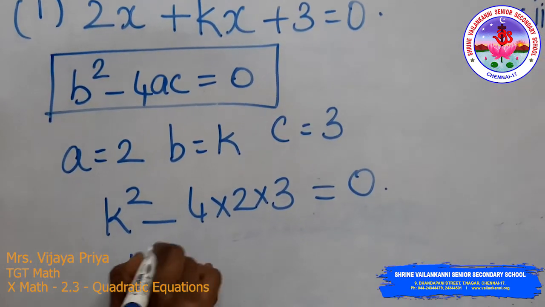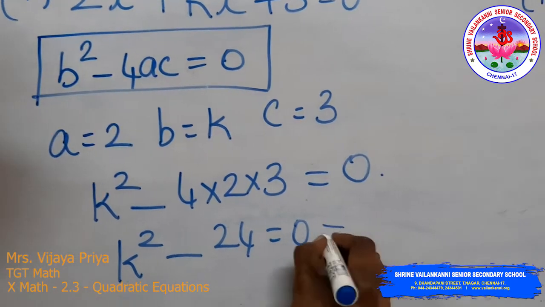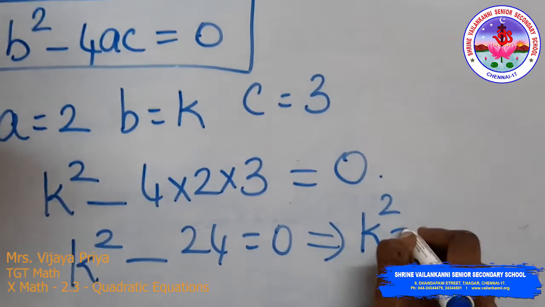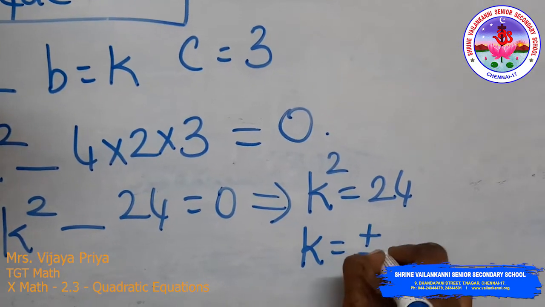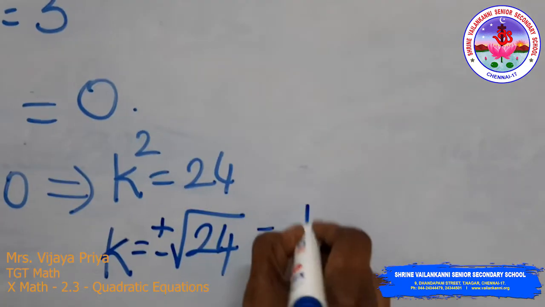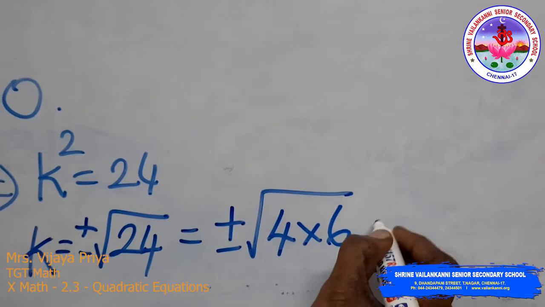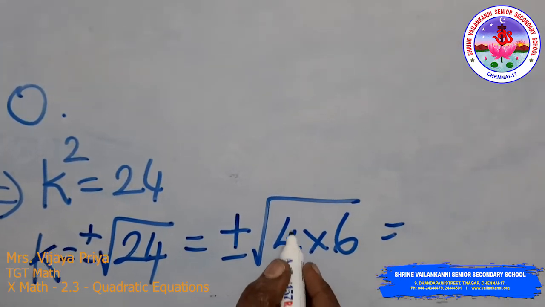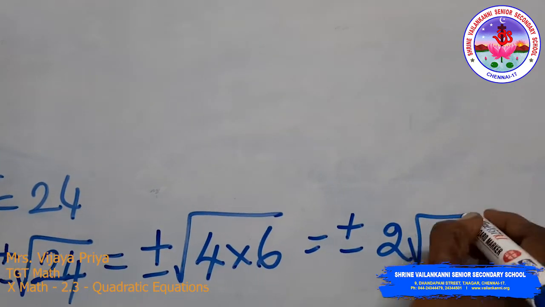So k squared minus 24 is equal to 0, which implies k squared is equal to 24. k is equal to plus or minus square root of 24, which is equal to plus or minus square root of 4 into 6, where I am going to take the 4 outside my square root. So it becomes plus or minus 2 root 6.